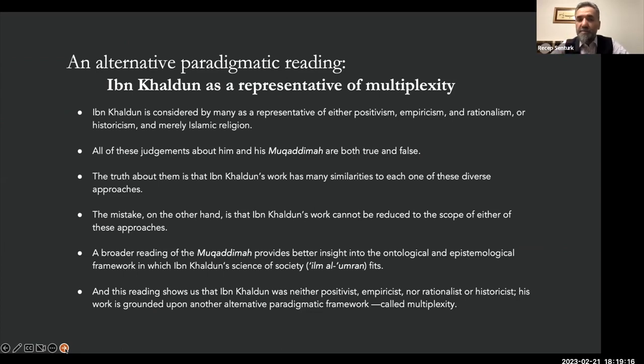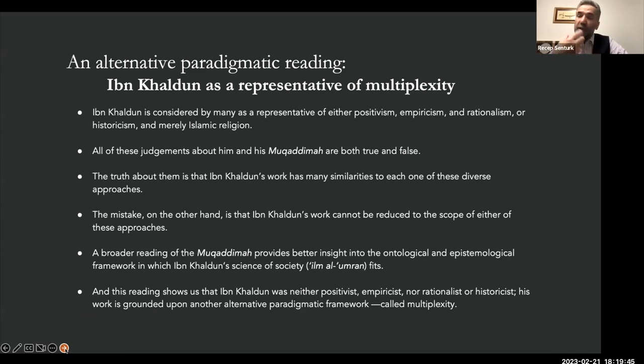The truth is that Ibn Khaldun's work has many similarities to each of these diverse approaches: similarity to positivism, empiricism, rationalism, historicism, and also he's a religious person. The mistake, on the other hand, is that Ibn Khaldun's work cannot be reduced to the scope of any of these approaches.